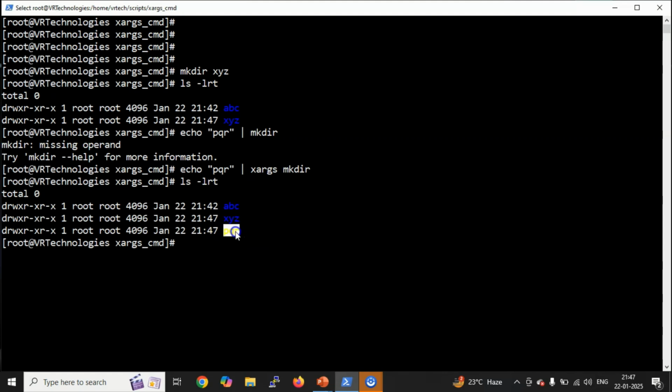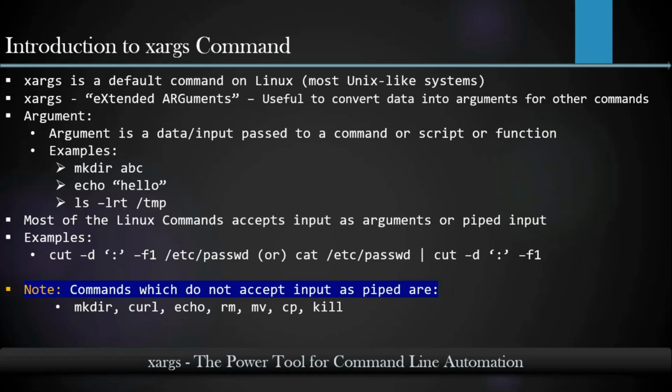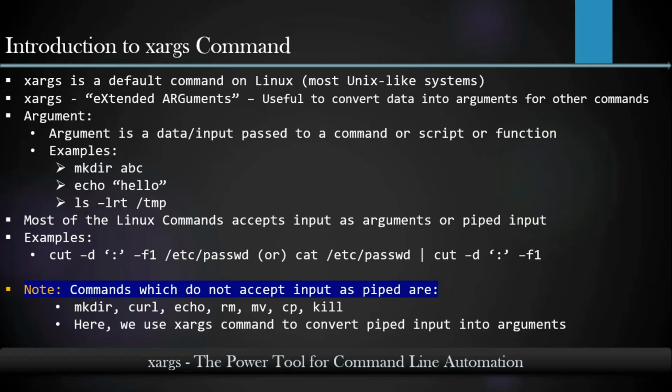So the xargs command is useful to convert piped input into an argument for your required command. That concept we will learn in these tutorials. So simply we use the xargs command to convert piped input into arguments for your required command.